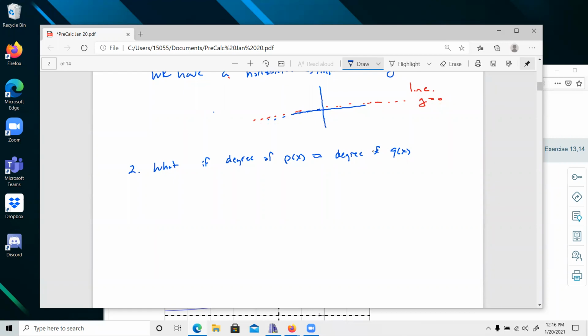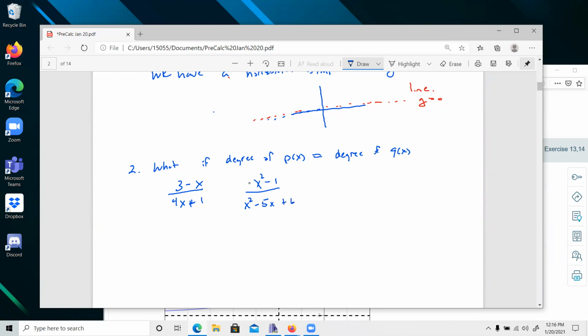Examples of that would be something like 3 minus x over 4x plus 1. The degree of the top is 1, the degree of the bottom is 1. They're the same. Or x squared minus 1 over x squared minus 5x plus 6.